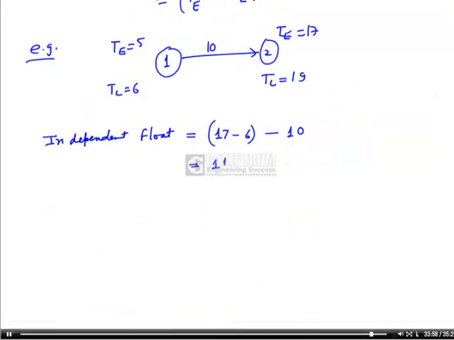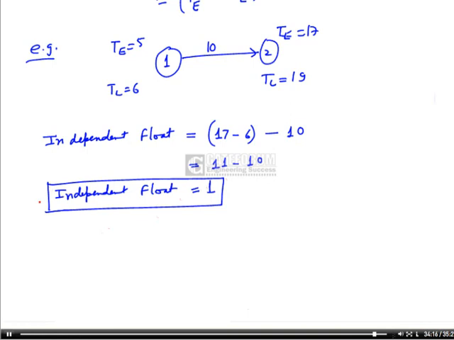So this will be 11 minus 10. So independent float will be 1. In this way we can calculate independent float 1 to 2.